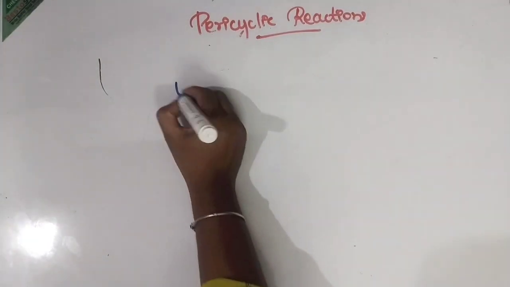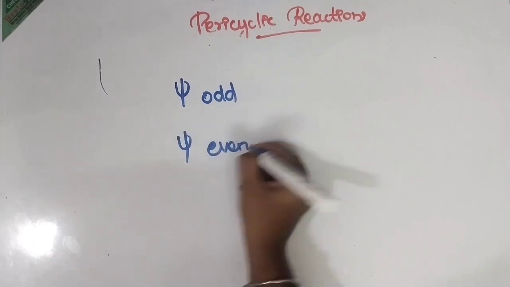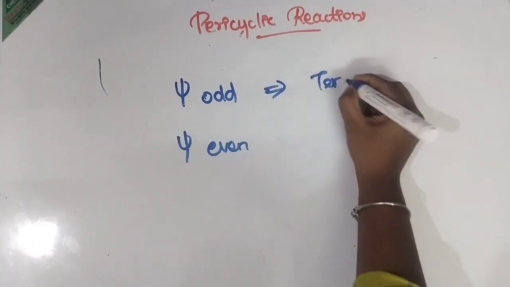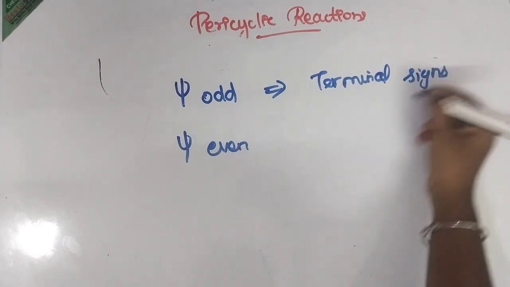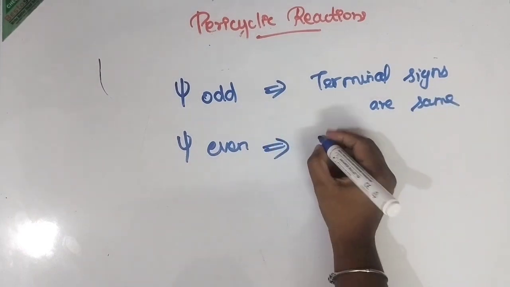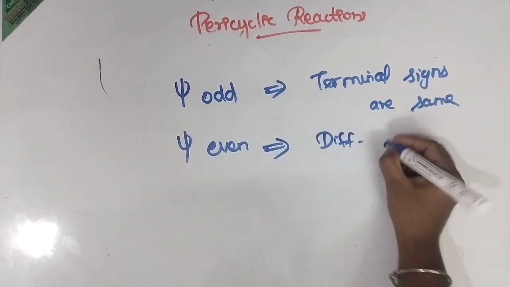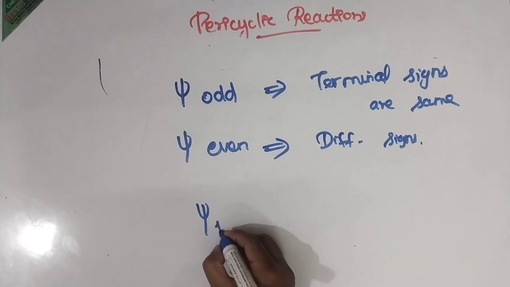See, if psi is odd, then terminal signs are same. But if psi is even, it should have different signs. It may look a little confusing, but see here, suppose psi 3.